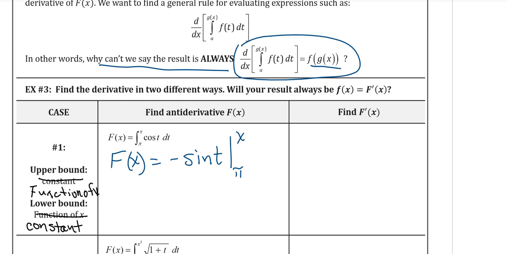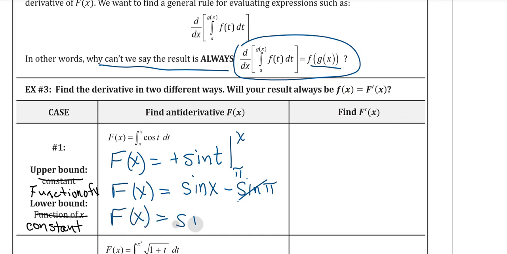Okay, so using the second part of the fundamental theorem of calculus, we're going to get that F of x is equal to sine x minus sine pi, which is of course 0. So F of x is going to be sine x.